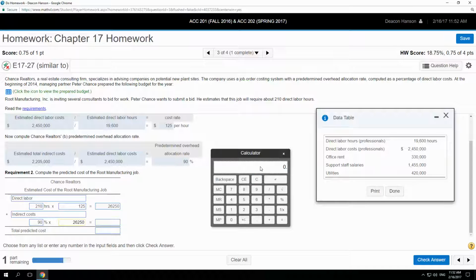So if we go 0.9 times 26,250, we get 23,625. Then it's just a matter of adding the two together, and that's the total predicted cost, 49,875.